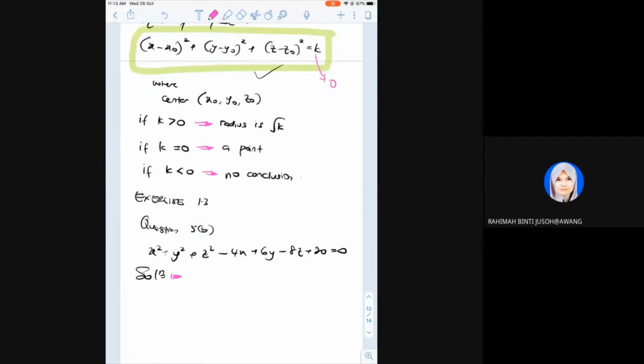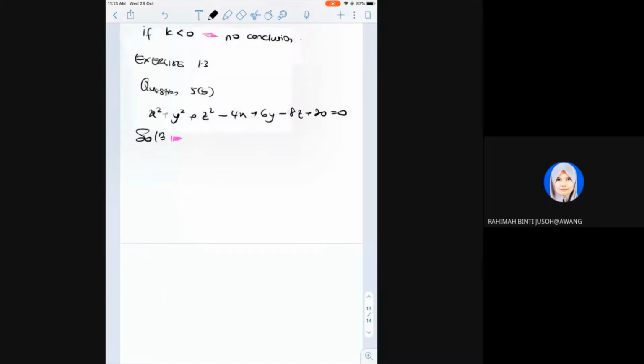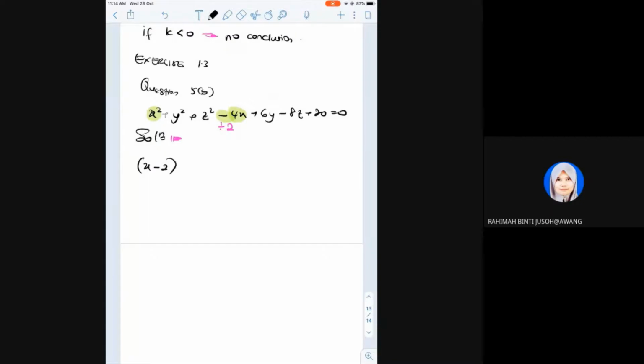Okay, first of all, open the bracket for x. We have x. Okay, now look at the couple. x pair with x here. But now we have -4 as the coefficient. So what you should do, this -4 should be divided by 2. So we will have -4 divided by 2 is -2, and then square like this.